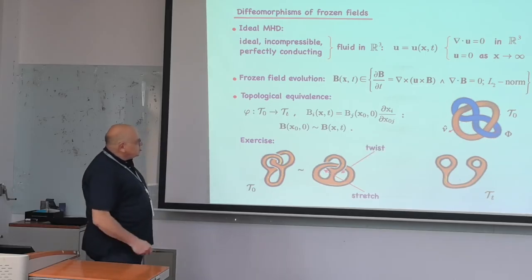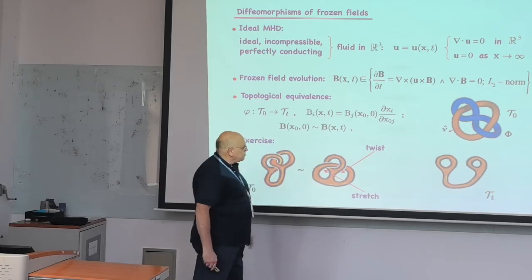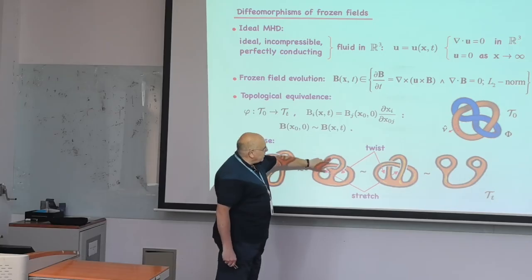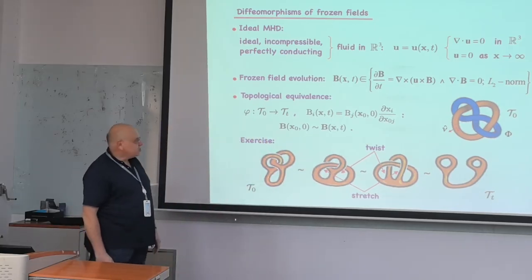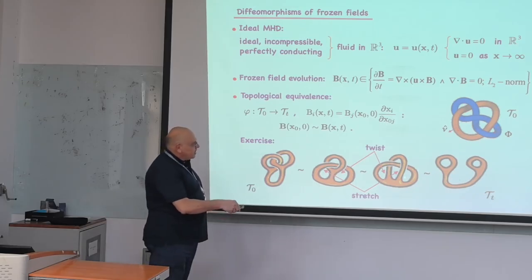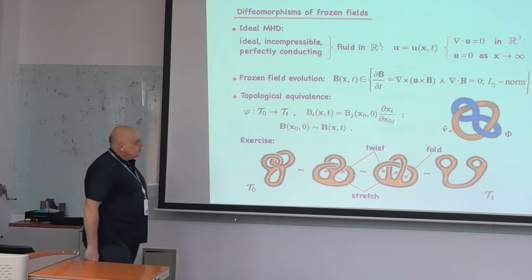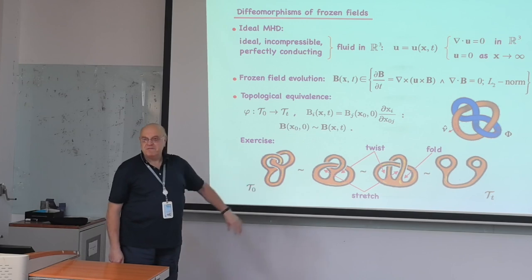And then you twist this part here, the bridge, and then you enlarge this part. And then when you're there, it's done, because you take this part and you move it to the other side. So you get that. So it's a kind of twist, stretch, and fold mechanism.